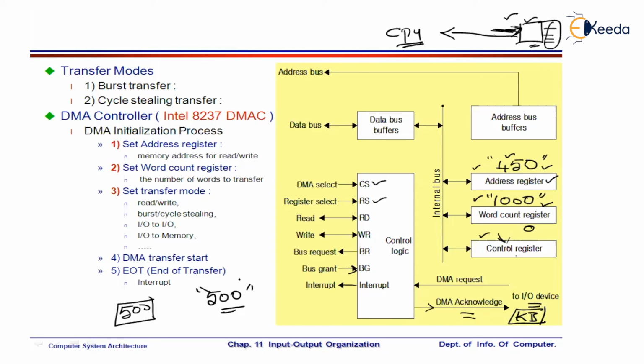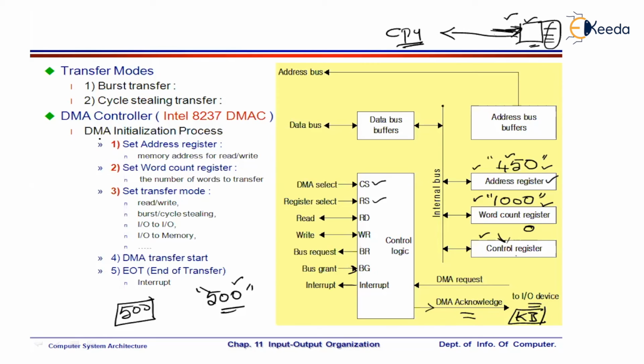Okay, in this case 500. So the CPU understands that the transfer has an error, so the CPU will regain the control over the bus system and reinitiate the transfer right from the very beginning. Okay, this is how the DMA controller will work.